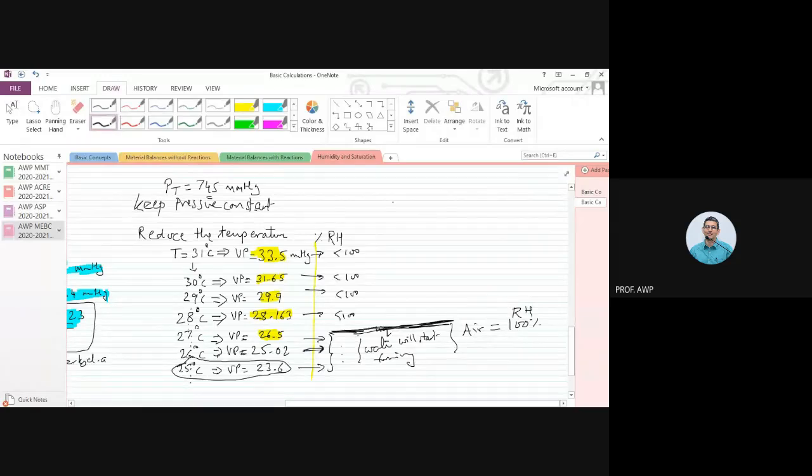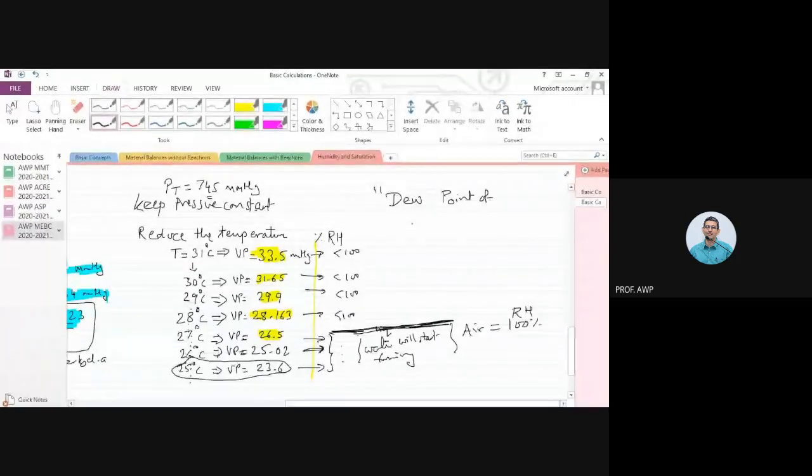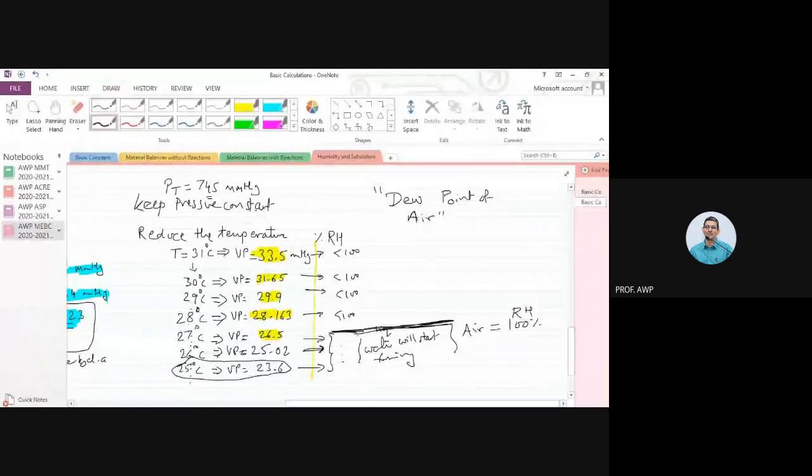That first drop of water that appears, we call it the dew point of air. Because if air is cooled up to that point, the first drop of water will appear.